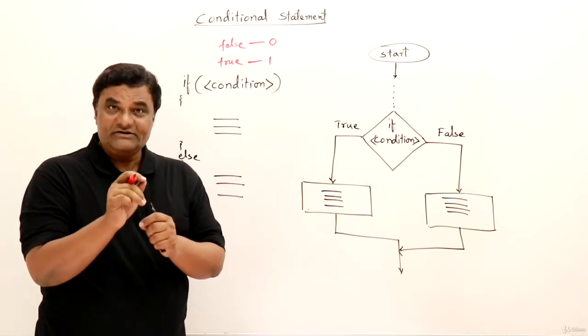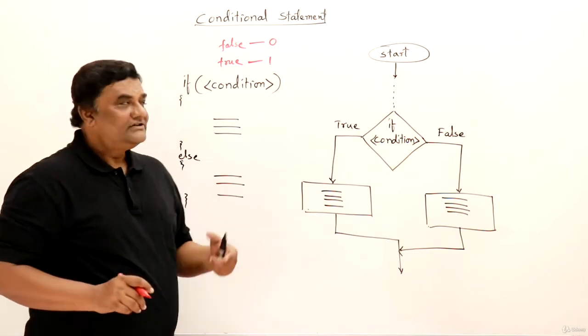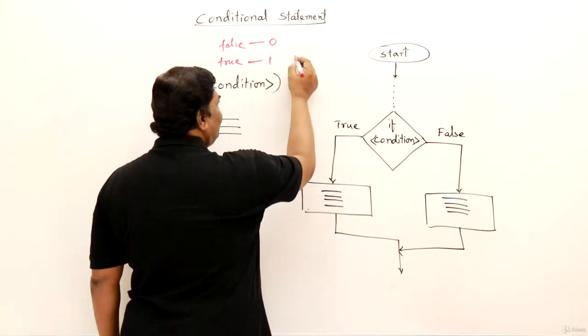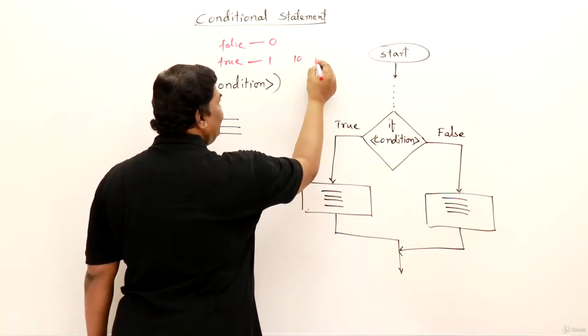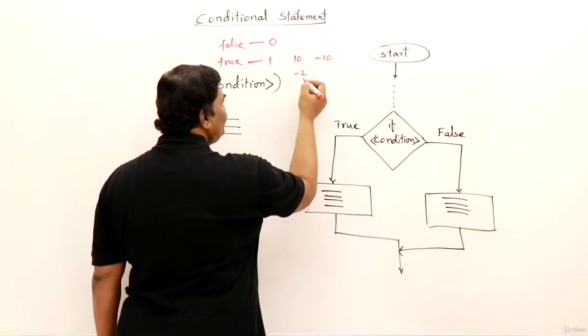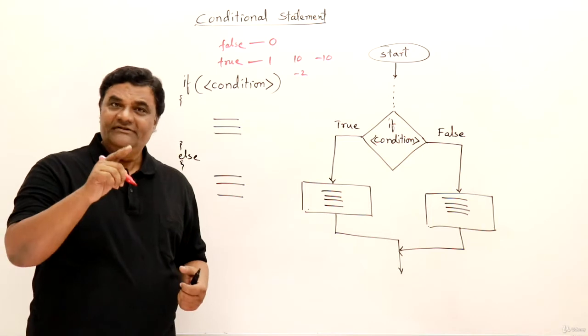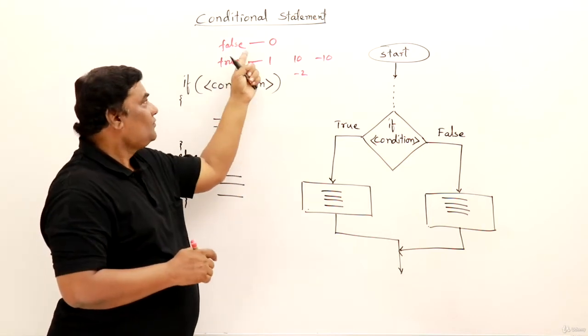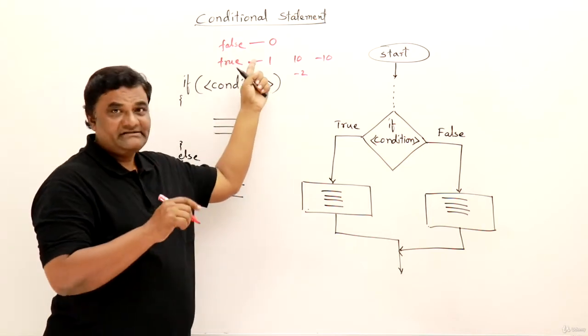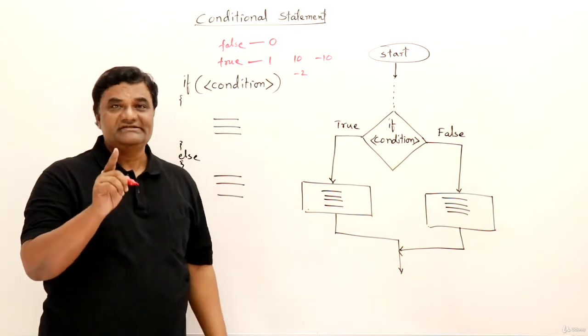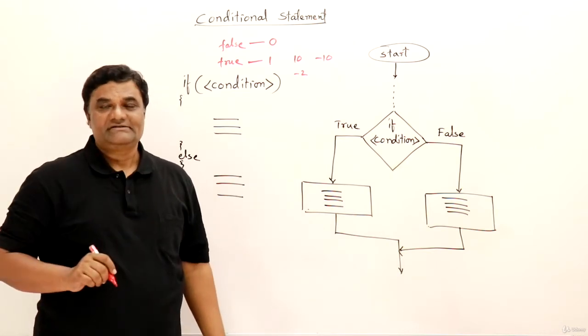It only checks if it is 0, then false; otherwise, true. So instead of 1, if I write 10, it is also true. Minus 10 is also true, minus 2 is also true. Whatever number you take, it is true. So you can write true and false like this, or you can also use 0 and 1 in C++.